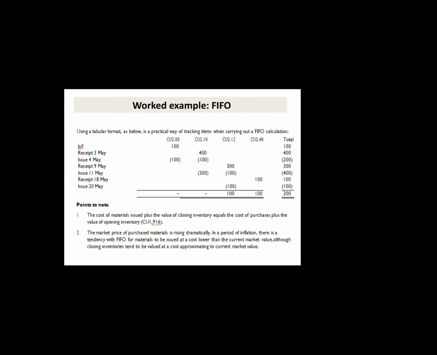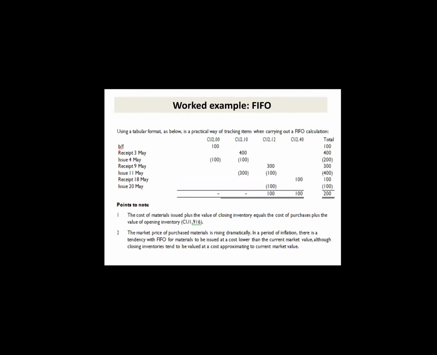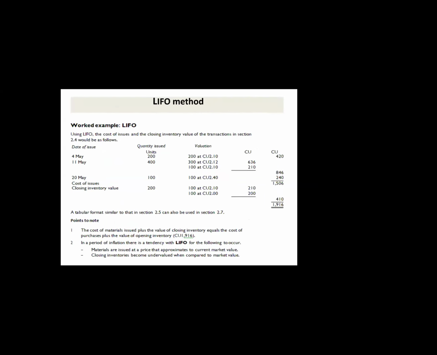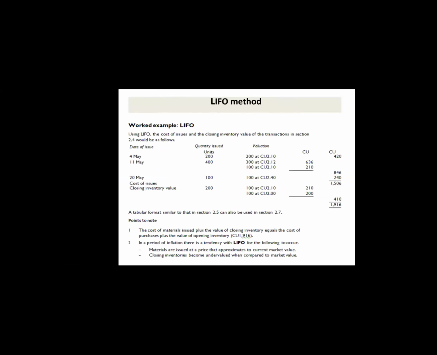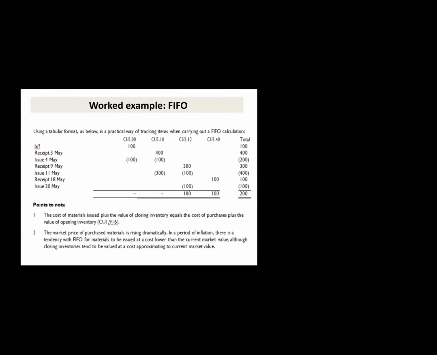See here, in both cases, FIFO and LIFO, total cost is 1916, but value of inventory is different. Under FIFO, 452 and under LIFO, 410. What is the reason behind this?